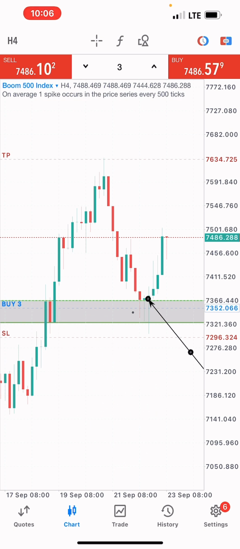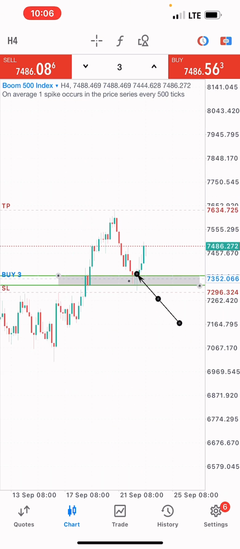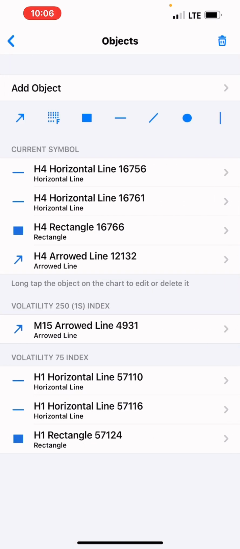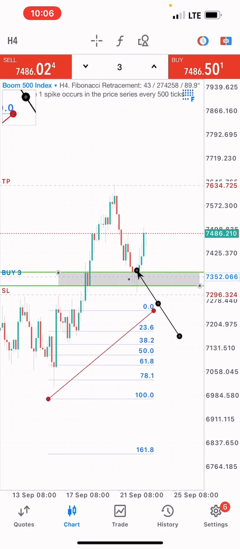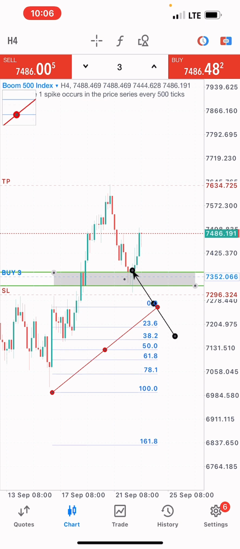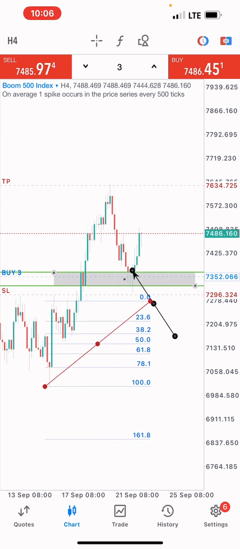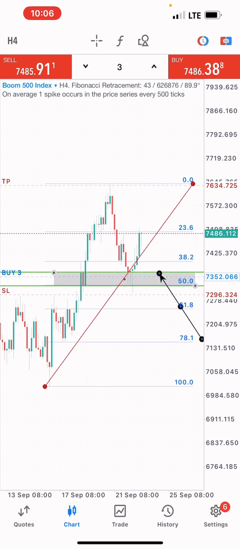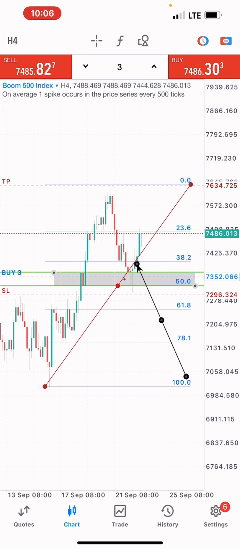Another thing that gave us confidence is that we have a Fibonacci drawn from the swing low to the swing high. You can clearly see that this is the 50% level. A 50% retracement is a valid level.